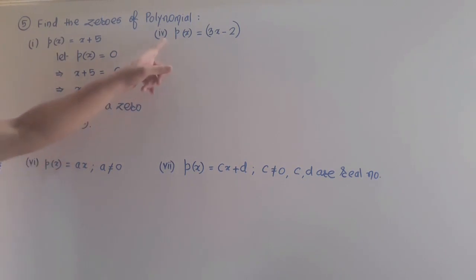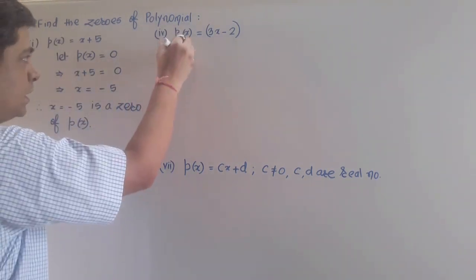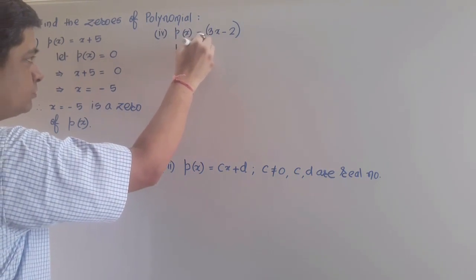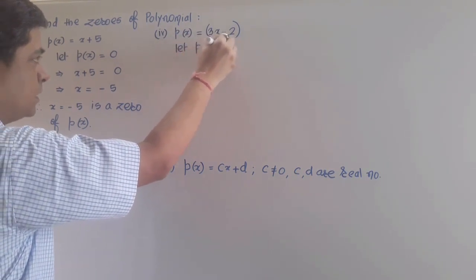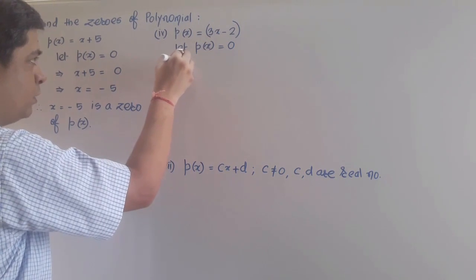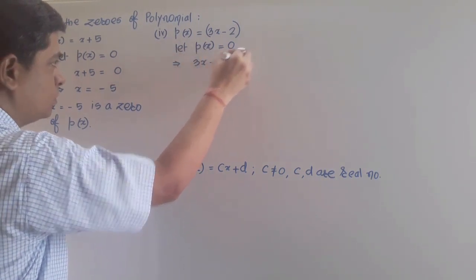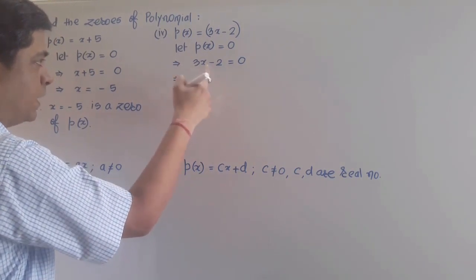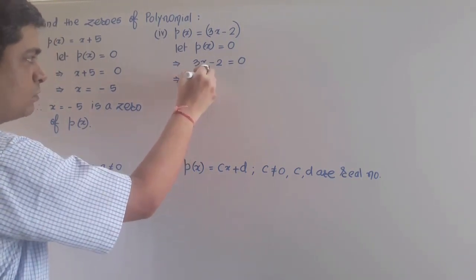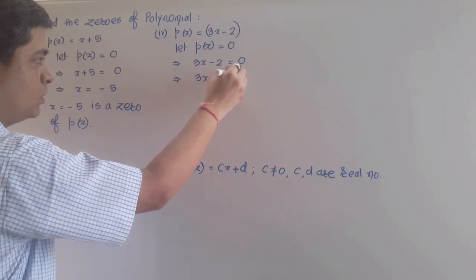Similarly, let us see the fourth question now. In the fourth question also we will do it in the same manner. Let the value of p of x be equal to 0. Put the value of p of x, that is 3x minus 2 equal to 0. Now first of all minus 2 will go to that side, so 3x will be equal to 2.